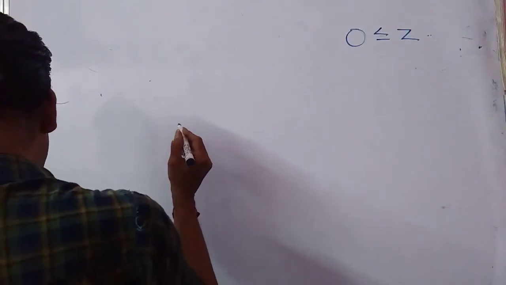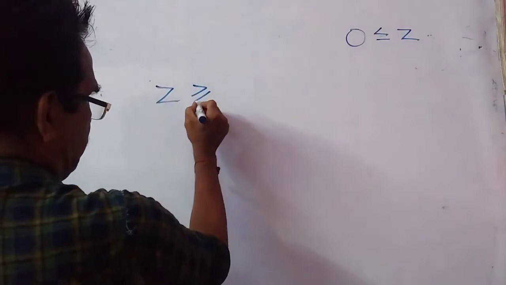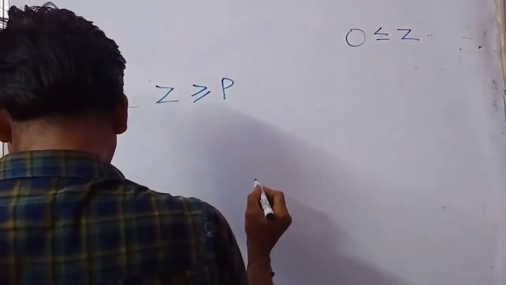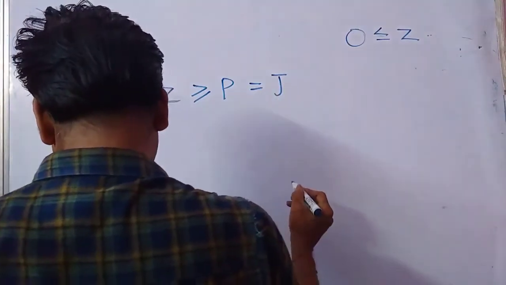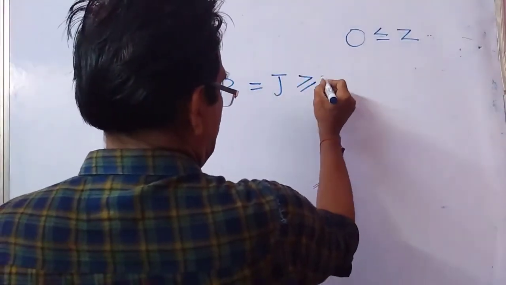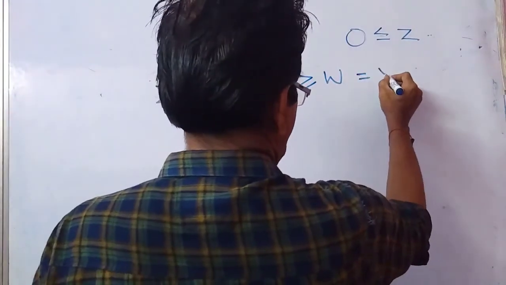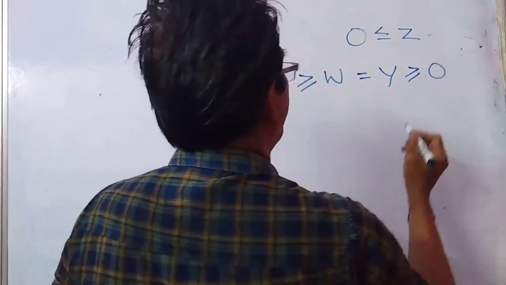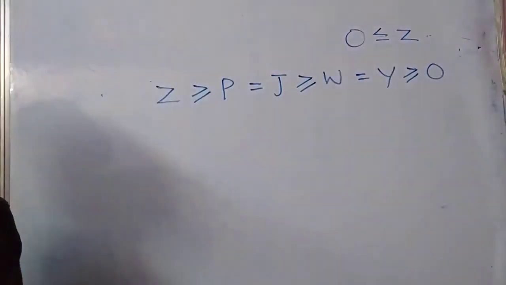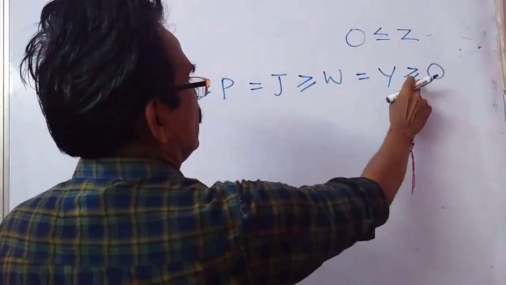Now let us see the third option. Z greater than or equal to P is equal to J greater than or equal to W is equal to Y greater than or equal to O. So all are greater than or equal to.